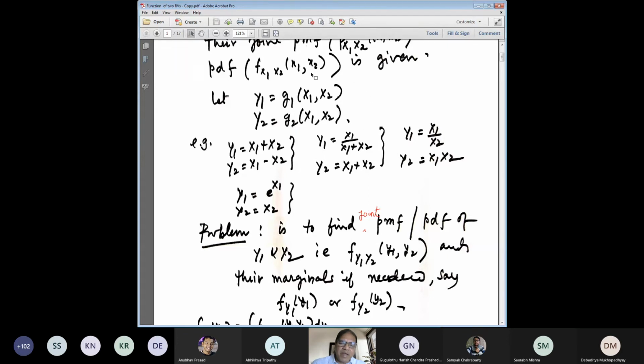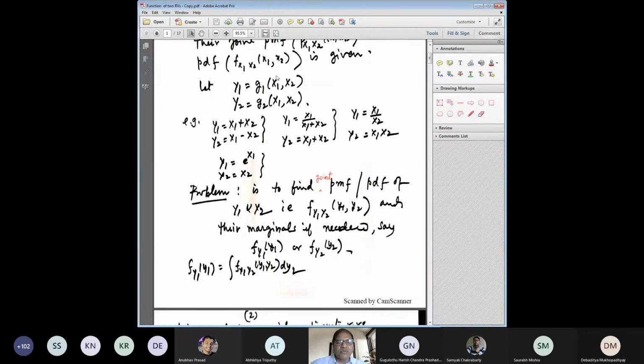Ultimately we have defined functions of x1 and x2. Here it is one function, here is another function.